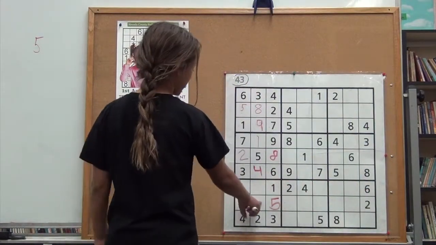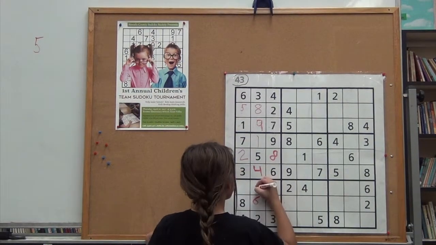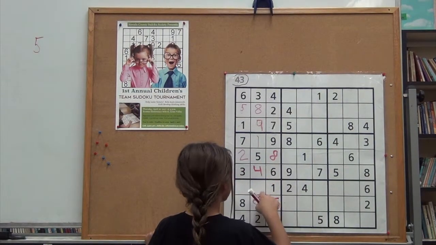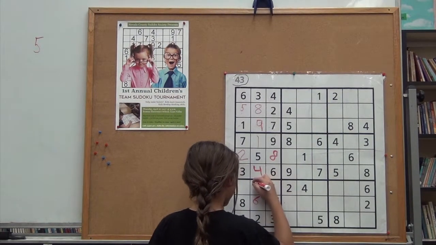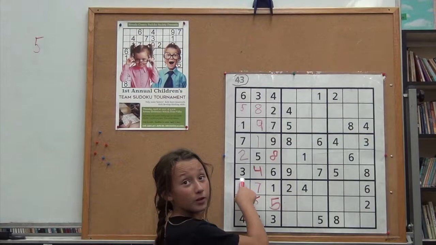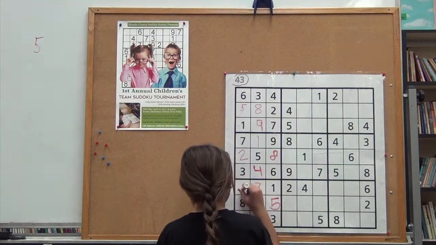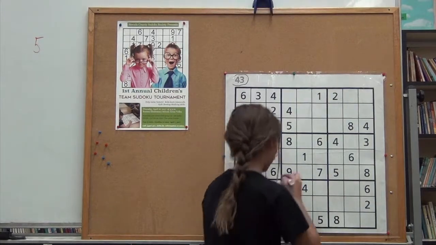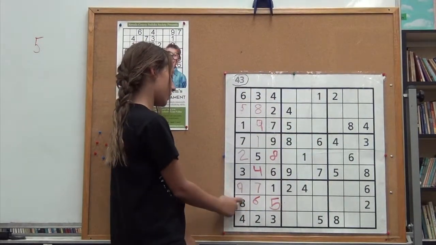So 6 has to go here. Good. Solve the one small box. And then 7 has to go here because 7 can't go there. And then there's one more left on this box. What has to go there? 9. Do it. Now count it. 1, 2, 3, 4, 5, 6, 7, 8, 9.